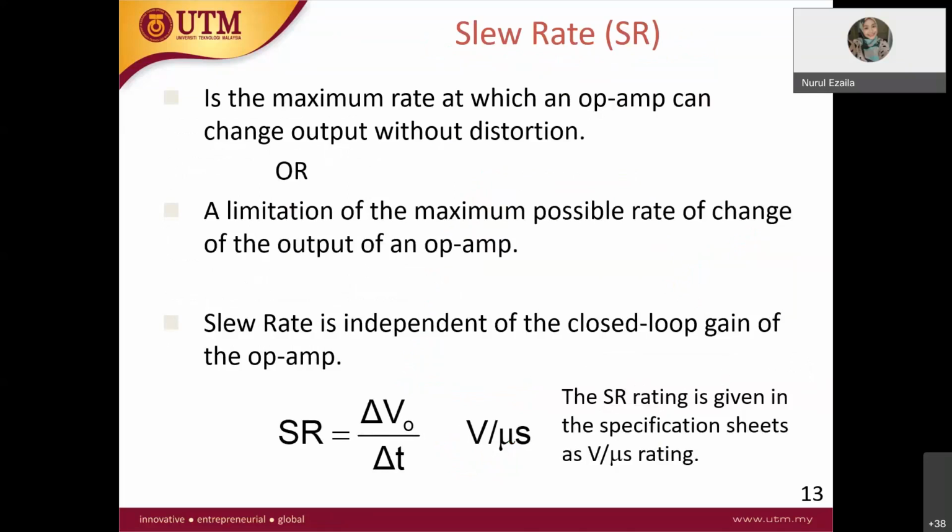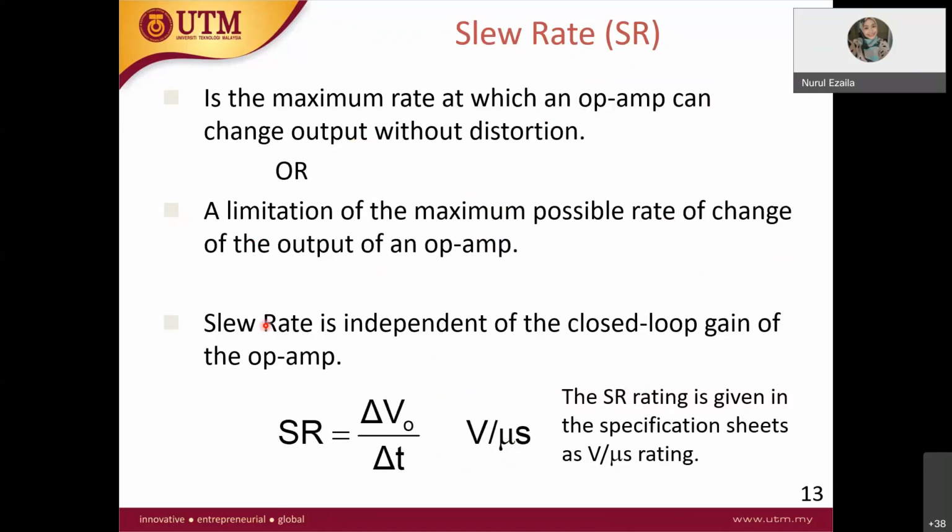The maximum slew rate rating is given in the specification sheet as voltage over microsecond. It is the maximum rate at which the op-amp can change its output without distortion, the limitation of the maximum possible rate of change of the output of an op-amp.